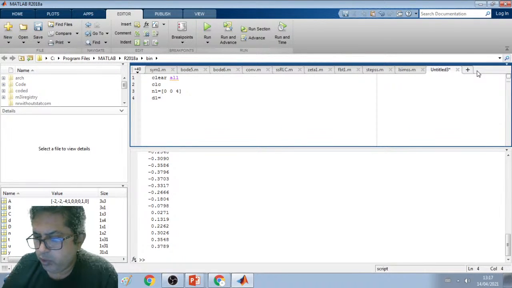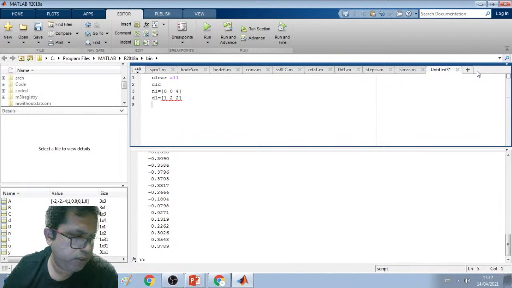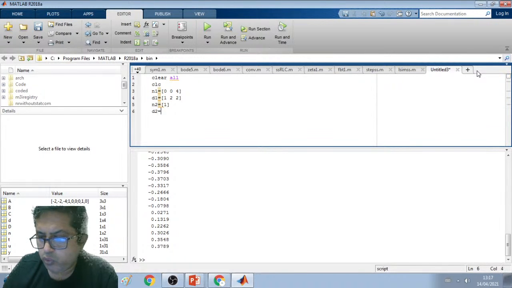D1 is equal to... sorry, it is s square plus 2s plus 3, not 2. Okay, we'll take 2 only. 1 space 2 space 2. This is D1. N2 is equal to 1. D2 is equal to 1.